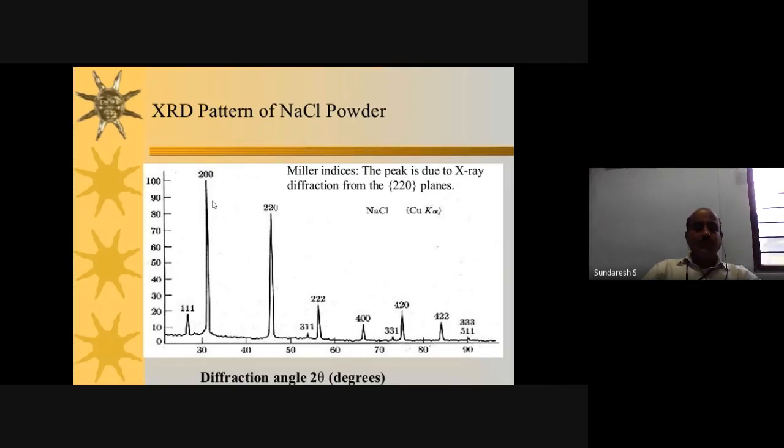You can see here the different peaks. Miller indices: the peak is due to X-ray diffraction from the 220 planes of sodium chloride. Look at here, how the X-ray has been diffracted and how we are getting the peak values.